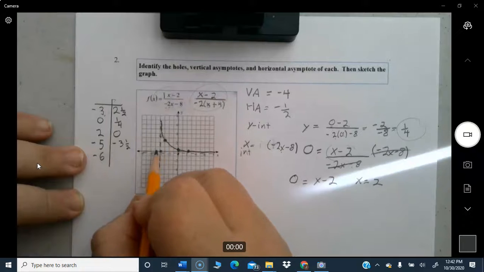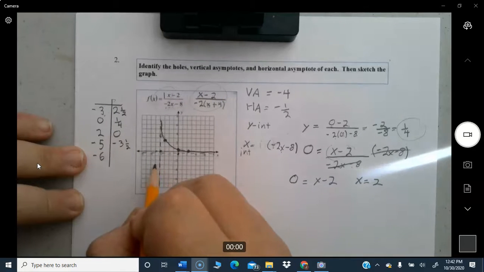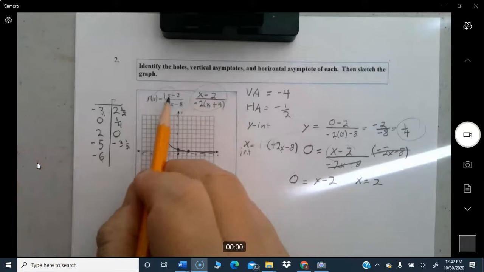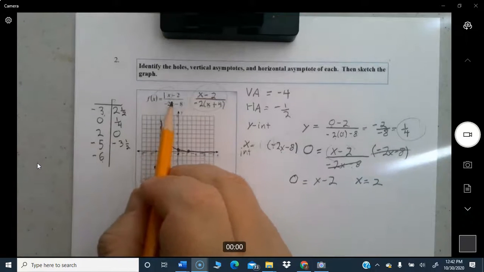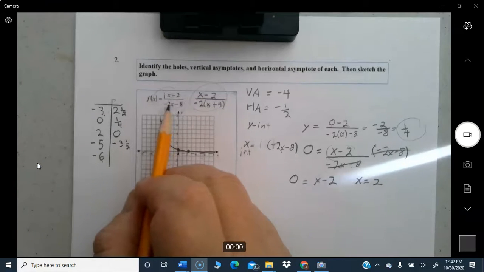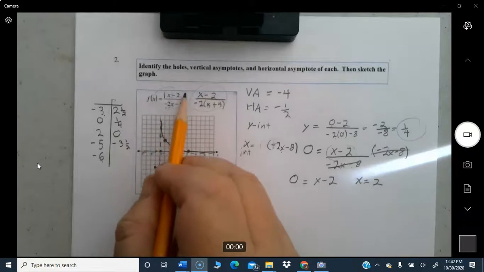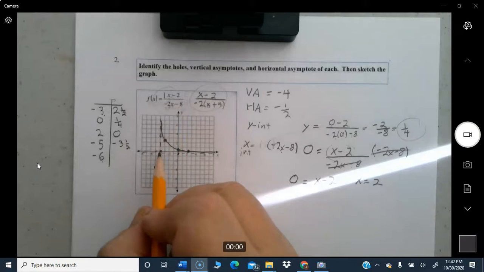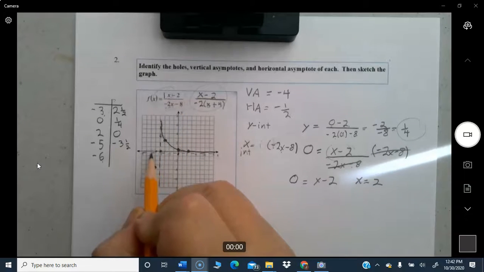So if I come back here, I'm going to go down 3.5 right there. Negative 6, I go back here. So negative 6 minus 2 is negative 8, and negative 6 times negative 2 is 12 minus 8 is 4. So negative 8 over positive 4 is negative 2. So I'm going to come back 2 here, and I'm going to go down 2 right there.